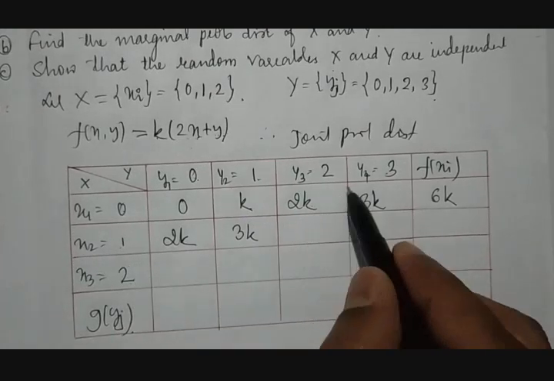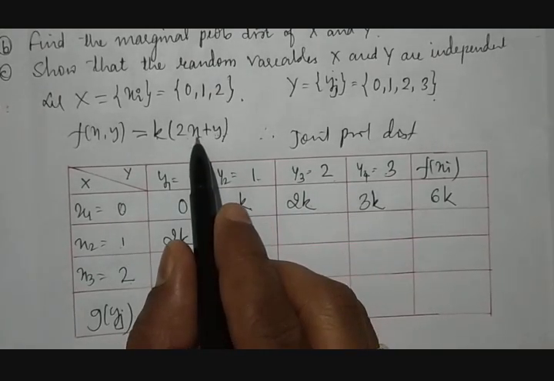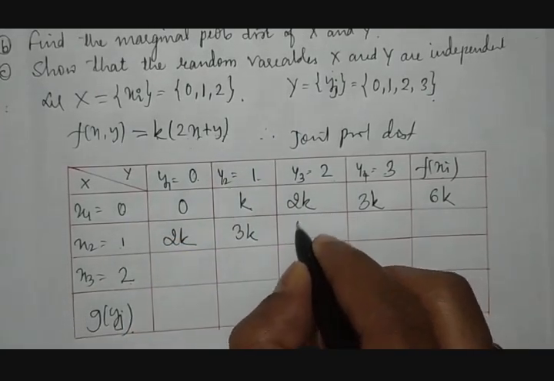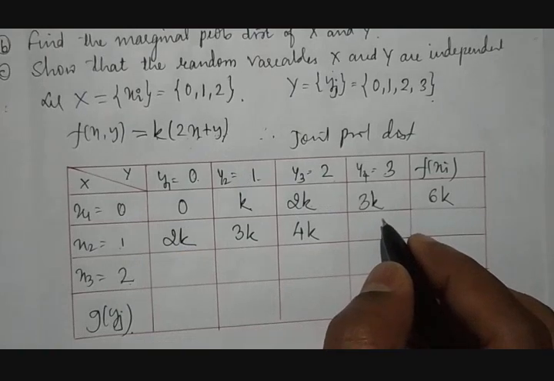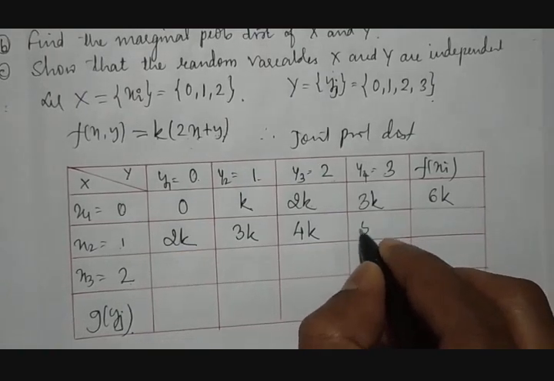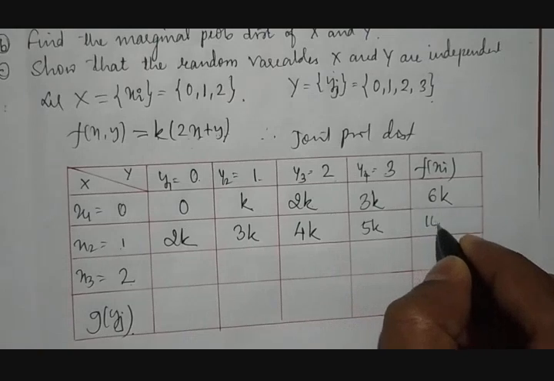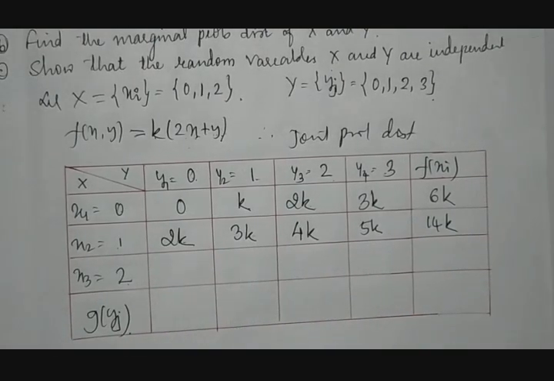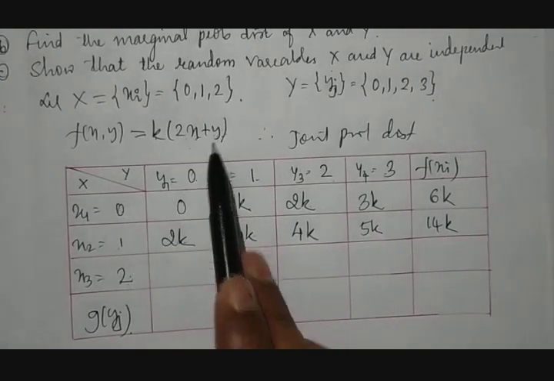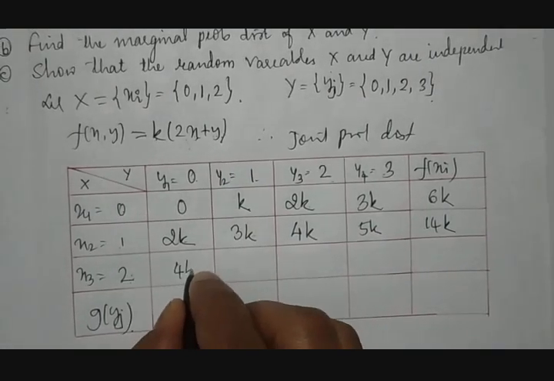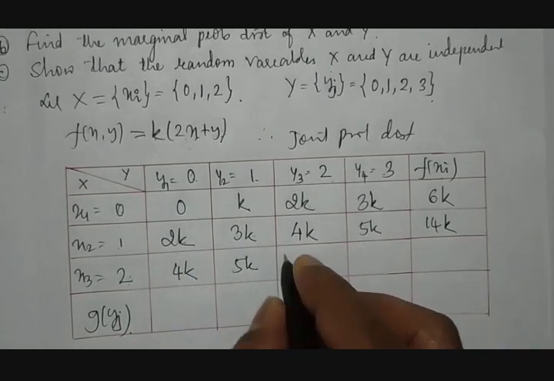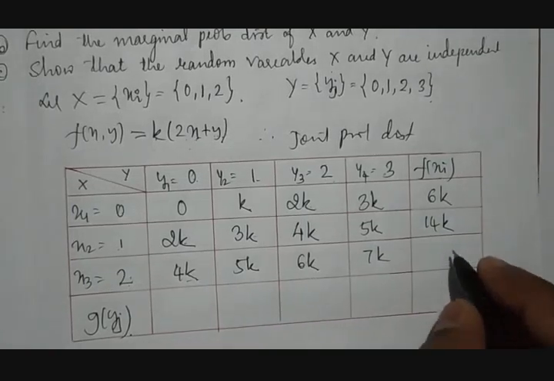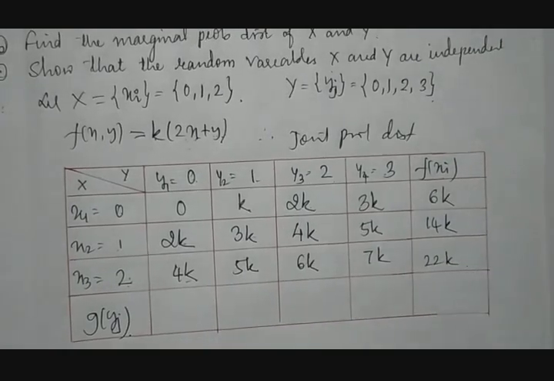If you put x equal to 2 and y equal to 2, then 4 plus 2, it is 6k. Similarly, we get the remaining values, and for the row overall it is 14k. Next, for x equal to 2, the values are 4k, 5k, 6k, 7k. If you add all these, it becomes 22k.